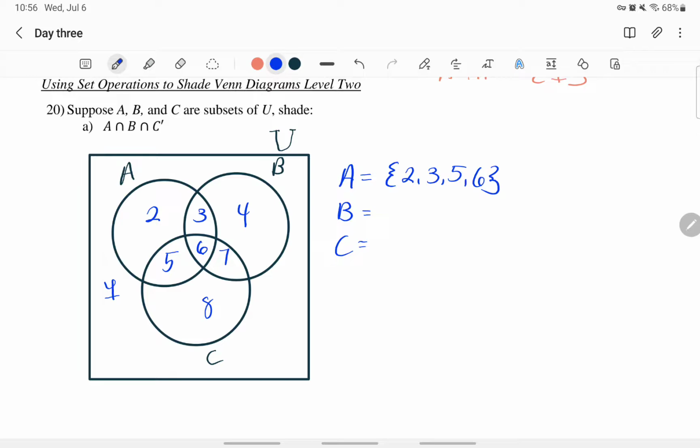The numbers inside of set B are 3, 4, 6, and 7. And then the numbers inside of set C are 5, 6, 7, and 8.